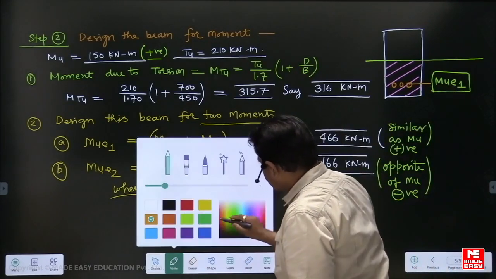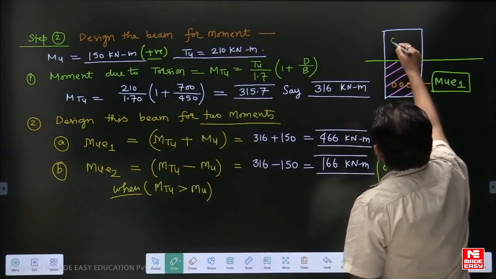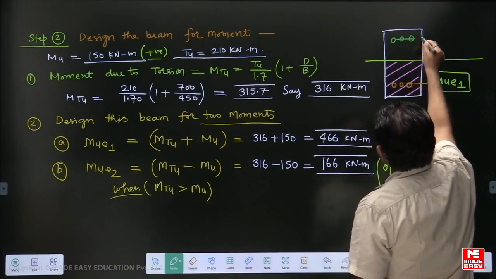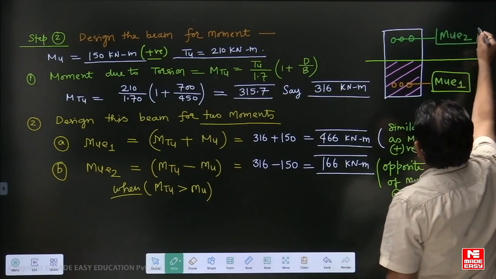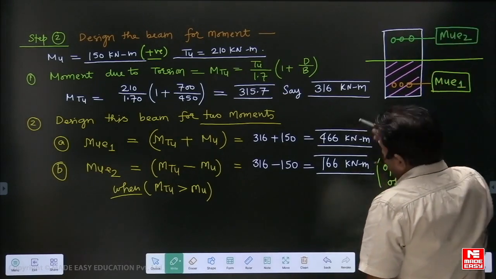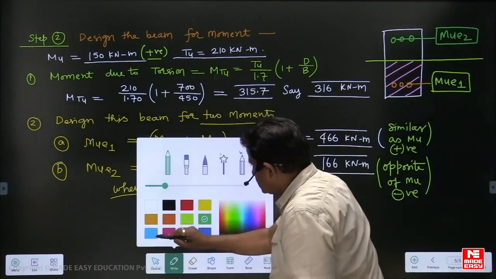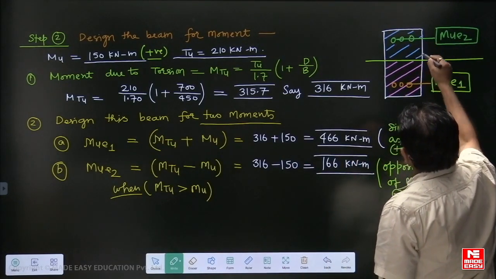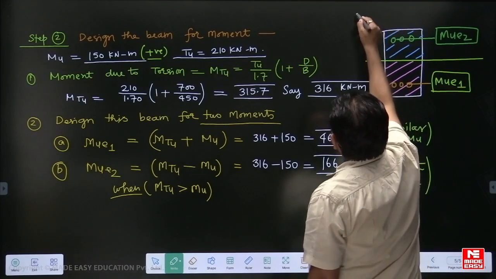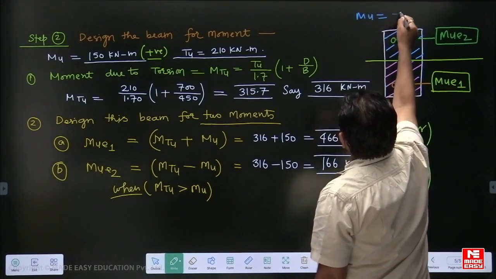Then whatever reinforcement we design for Mu2, we will provide here. This is the reinforcement designed for Mu2, you will provide on the compression face of the member. Suppose this is the compression face of the member for moment Mu, if I talk in terms of Mu being positive.